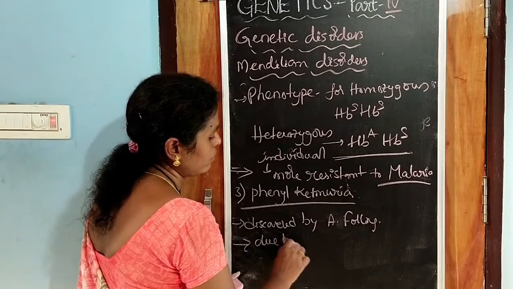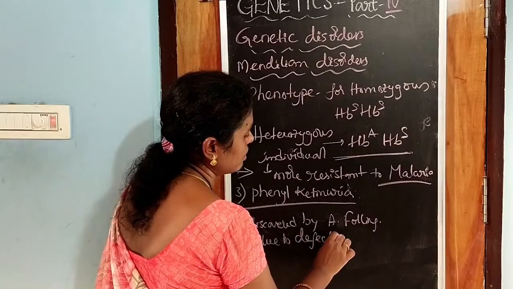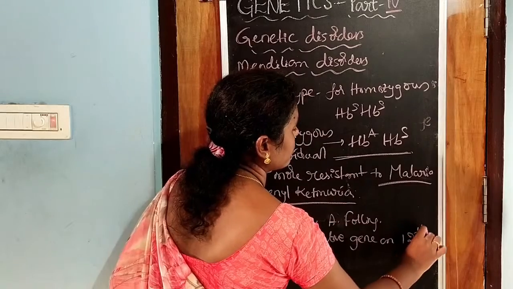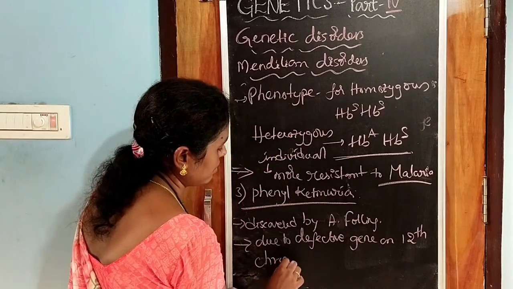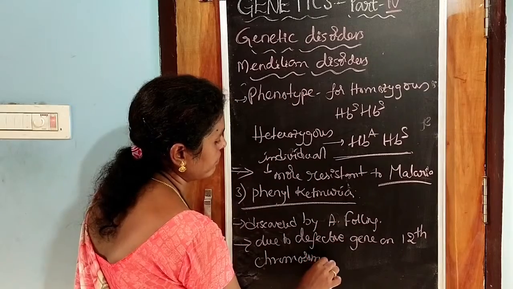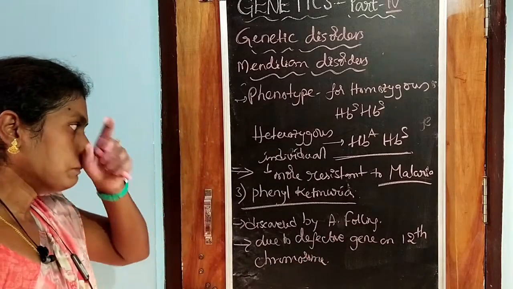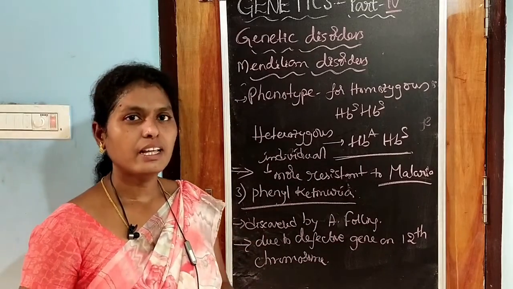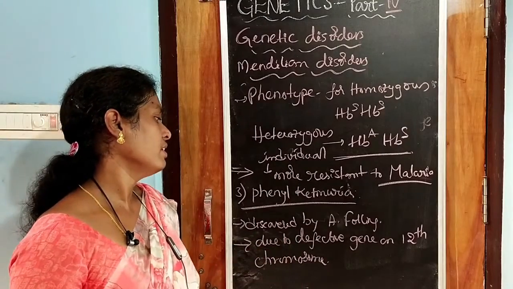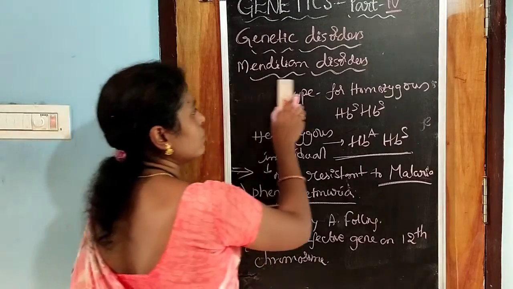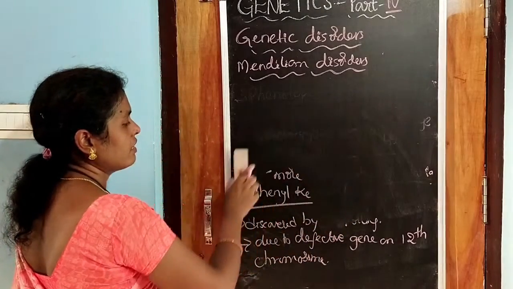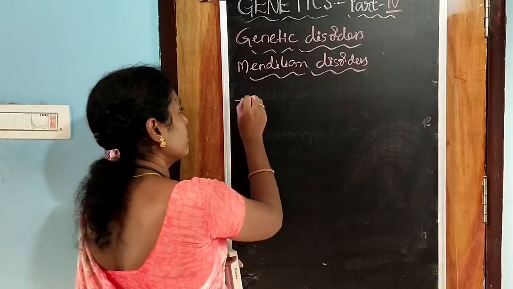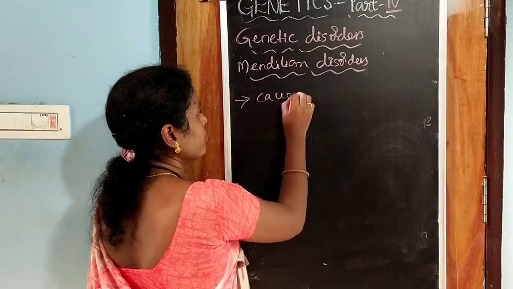This phenylketonuria is caused by a defect in the enzyme called phenylalanine hydroxylase.